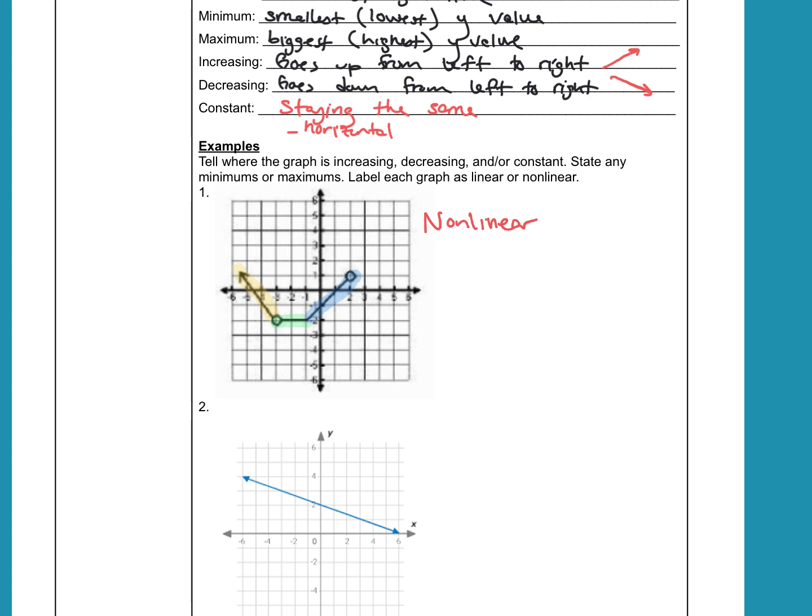And then it can also help us looking at these individual sections. So we have that yellow section as we go from the left side. So we start over here at the left and we go towards the right. This graph is going down as we go from left to right. So it's decreasing.